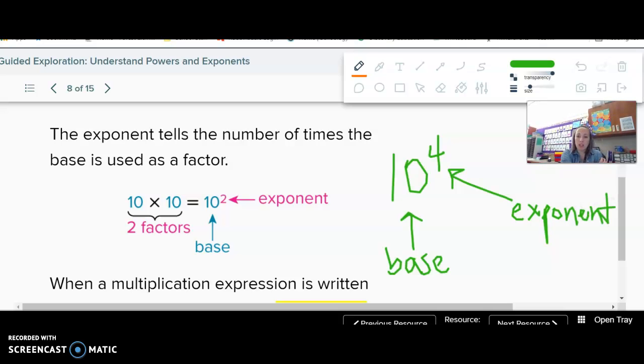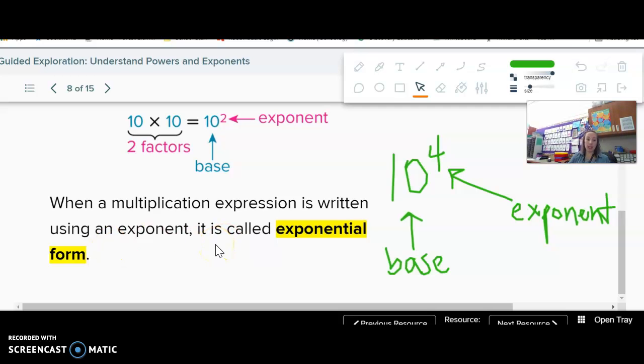Now, in 5th grade, we're really only going to look at tens as the base. Eventually, you'll get into other ones, but tens have a really nice pattern with the zeros. Other ones don't have that. Like 5 times 5 times 5 is 125, which has nothing to do with zeros. But with tens, it's really nice because we have the pattern with the zeros. So make sure you do write that down on your paper. Don't worry, we skipped a couple of lines. We'll come back to those.